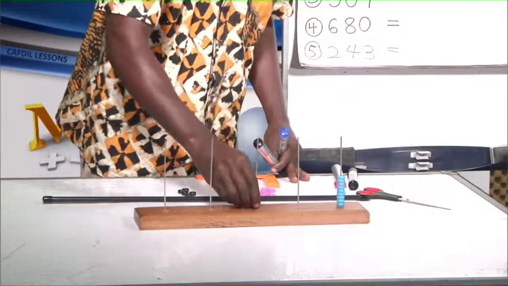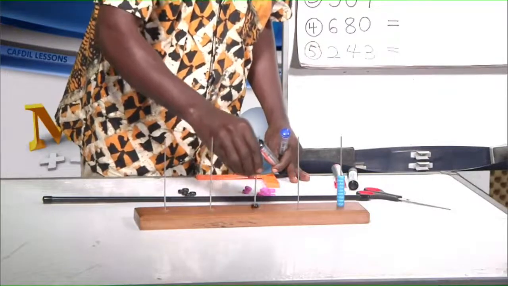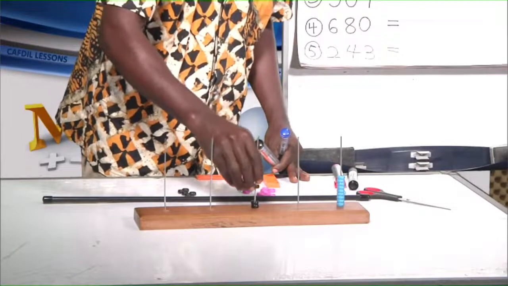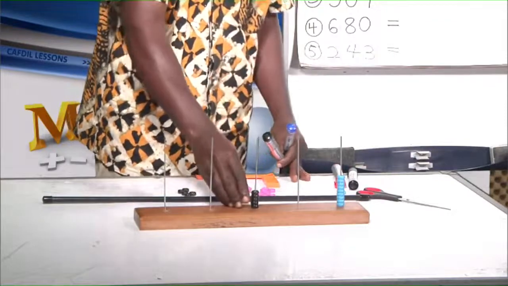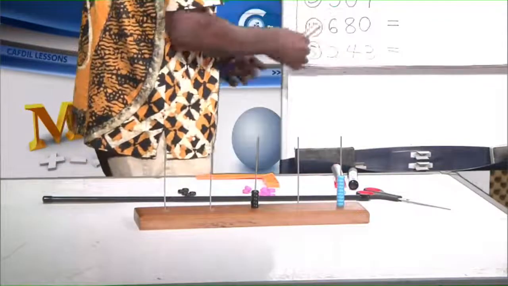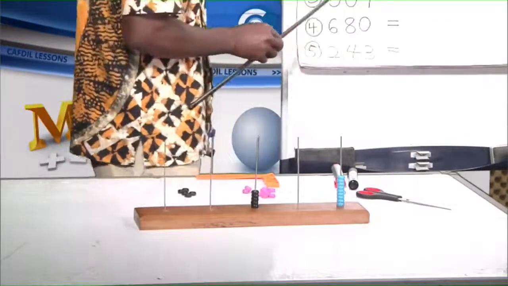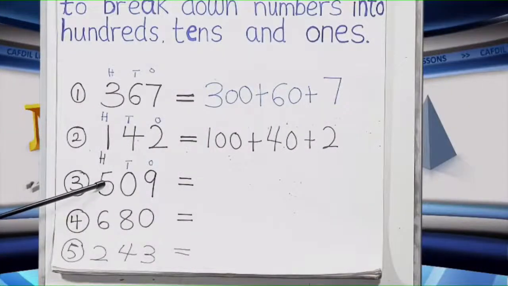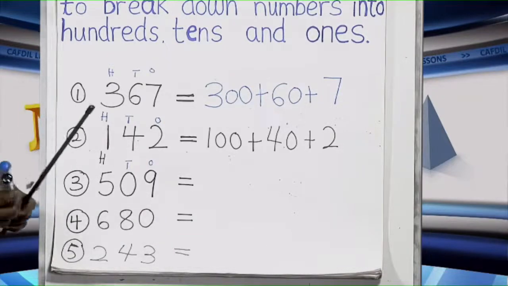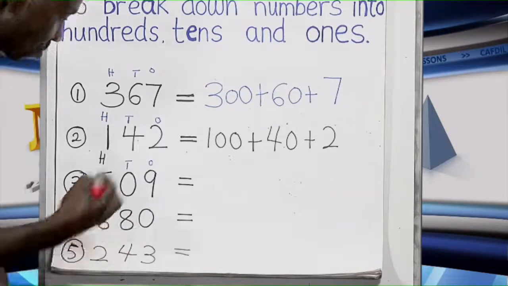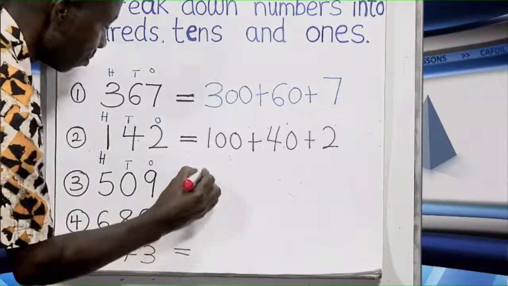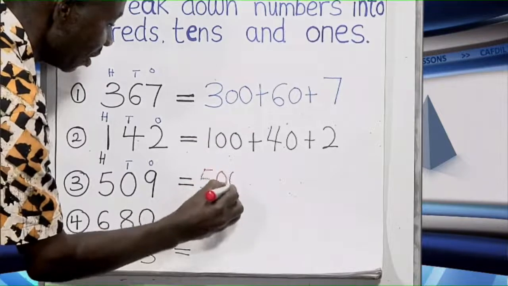And since we have 5, we have 100, 200, 300, 400, 500. So this 5 is not just 5, but we have what? 500. Repeat after me. 500. Good.